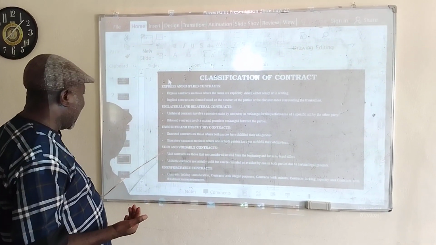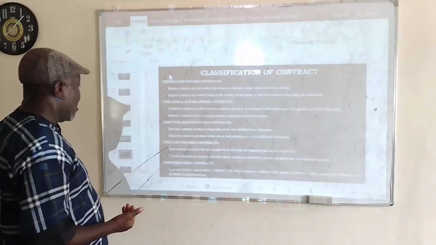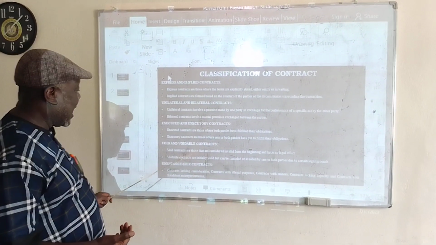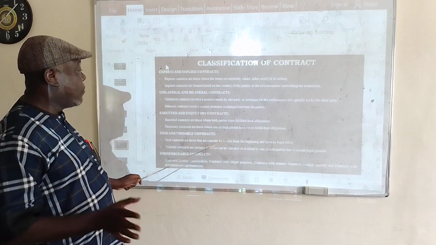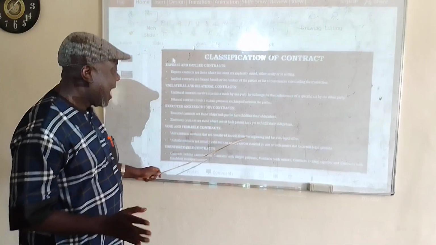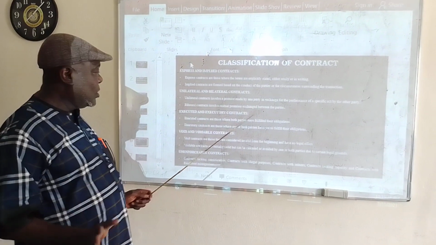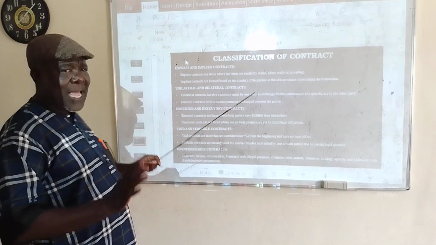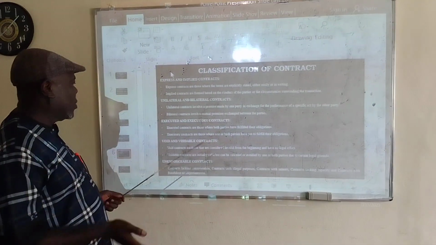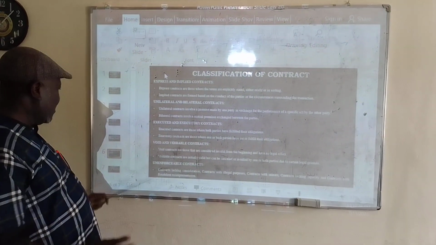Another classification looks at void and voidable contracts. Void contracts are those that are considered invalid from the beginning and have no legal effect. Ab initio, from the beginning, they have no legal standing, so they cannot have any legal effect.